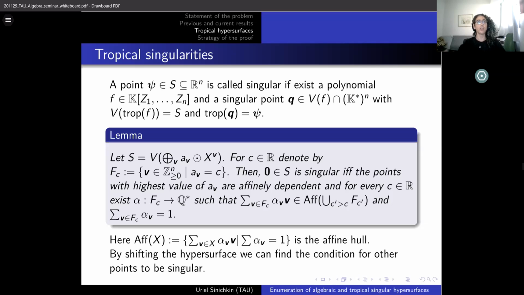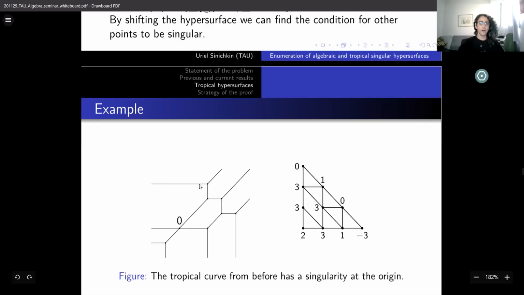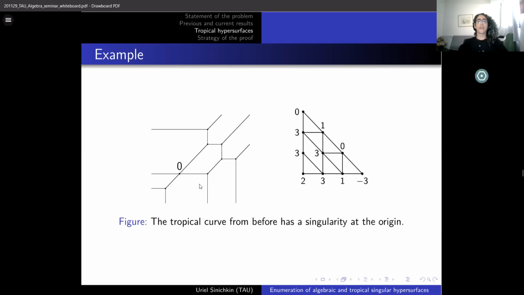So 0 is not important, just the condition is a little bit nicer here.